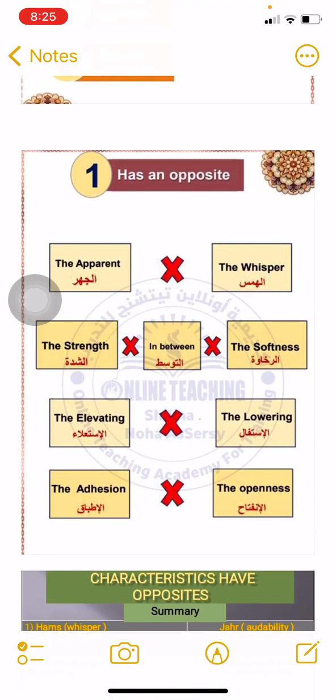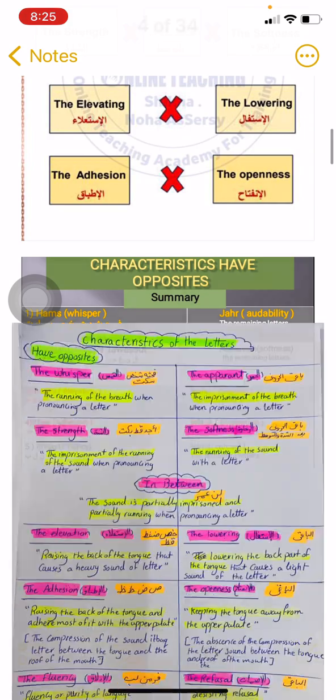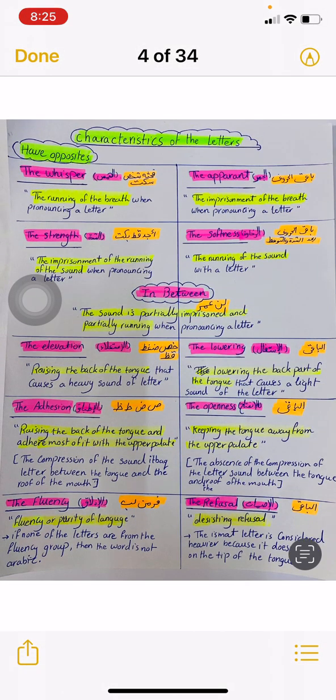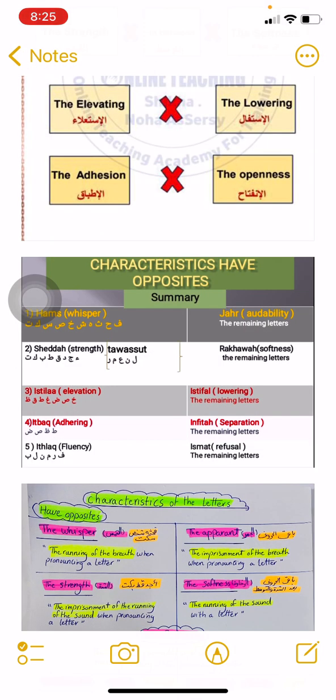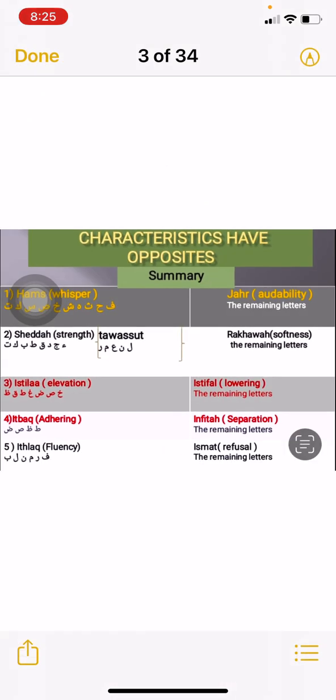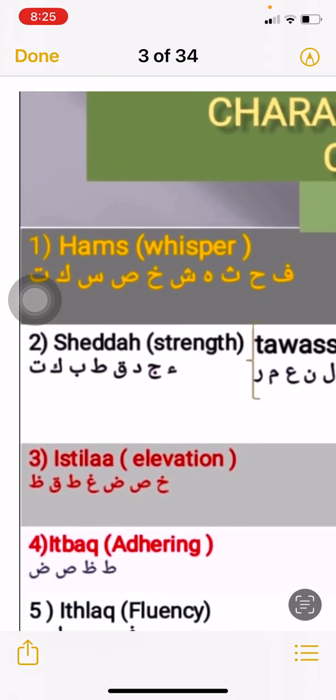At first, characteristics with opposites, like whisper, which means the running of the breath when pronouncing a letter.